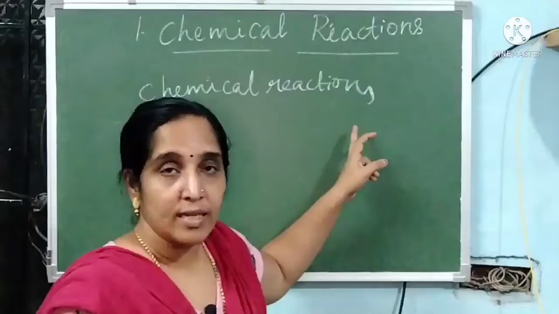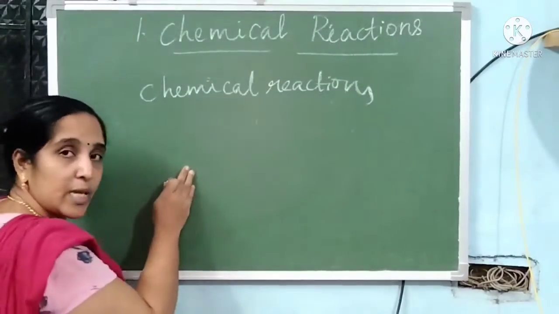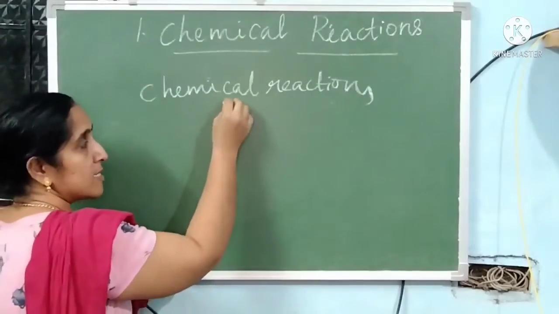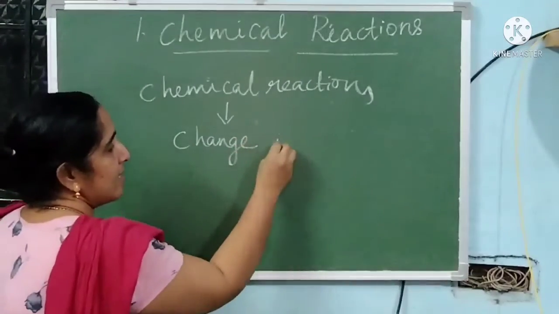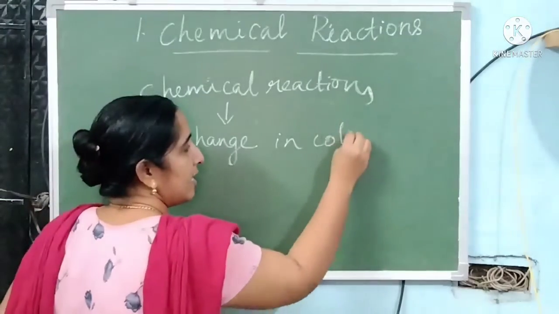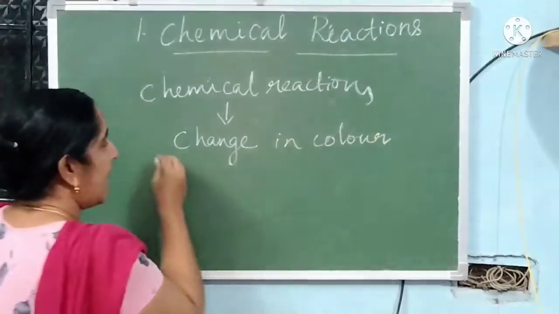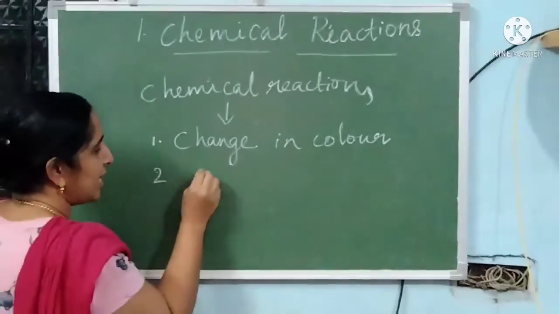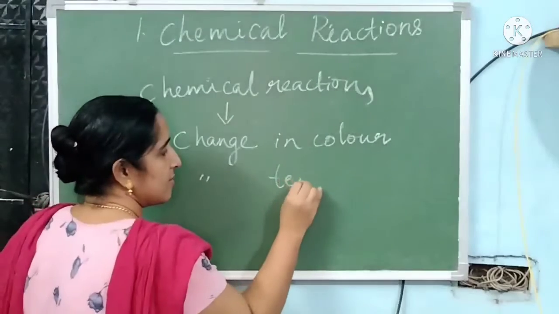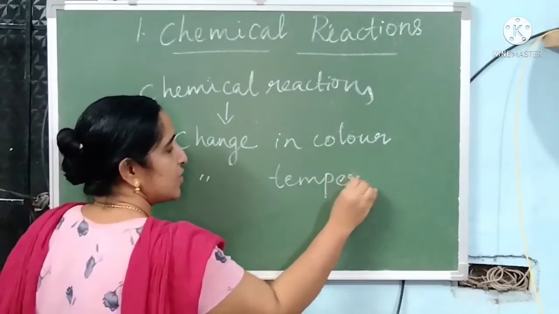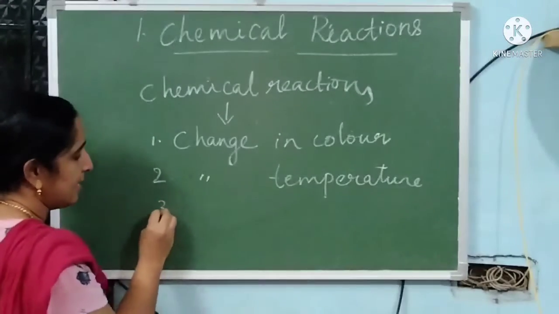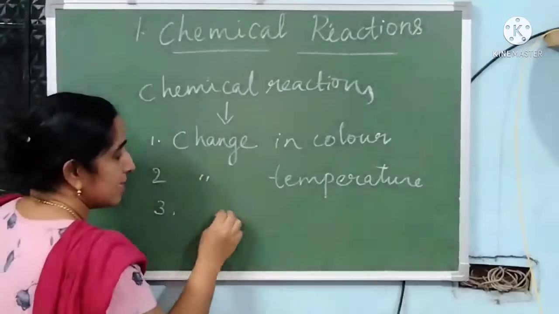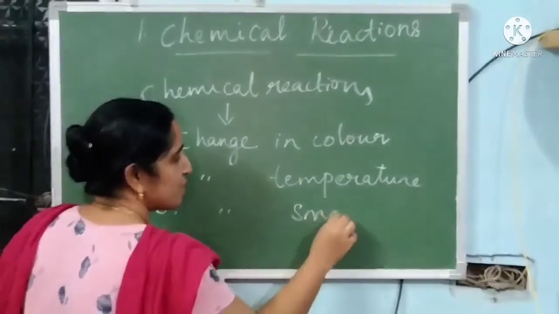So how do we know that a chemical reaction takes place? If a chemical reaction takes place, there is a change in color. The second one is a change in temperature. The next one is a change in smell.